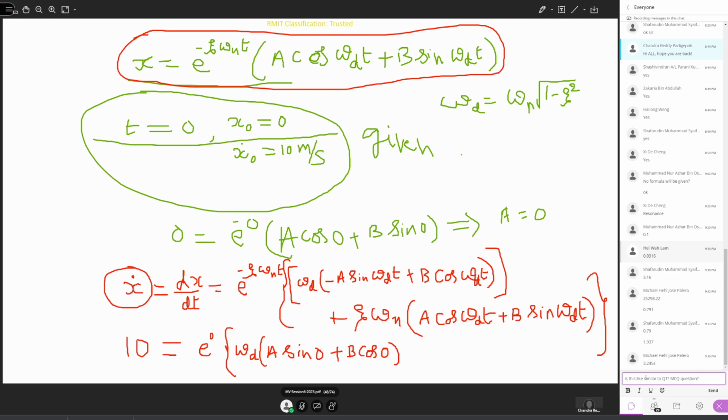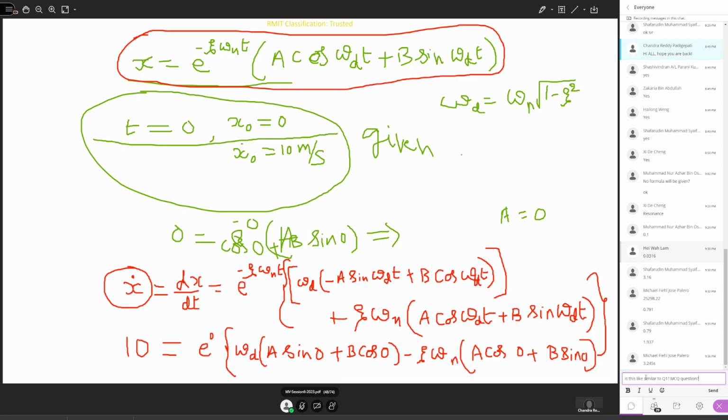Then eta omega n we write as it is, then we can write a cos 0 plus b sine 0. So you will get this expression.